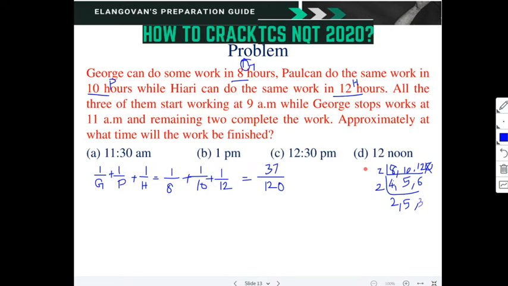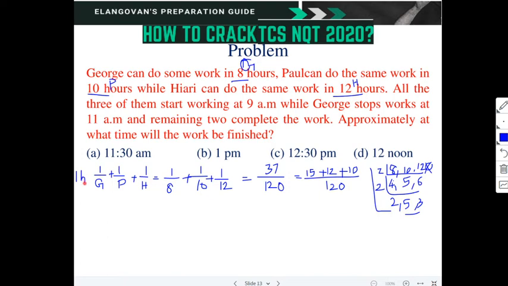So this is 8 into 15, which is 120, so 15, plus 12 into 10 is 120 gives 10, plus 10 into 12 is 120 gives 10, all divided by 120. So we have got 15 plus 10 plus 10, no, 15, 10 and 12, which gives 37 by 120. So this is the 1 hour work.